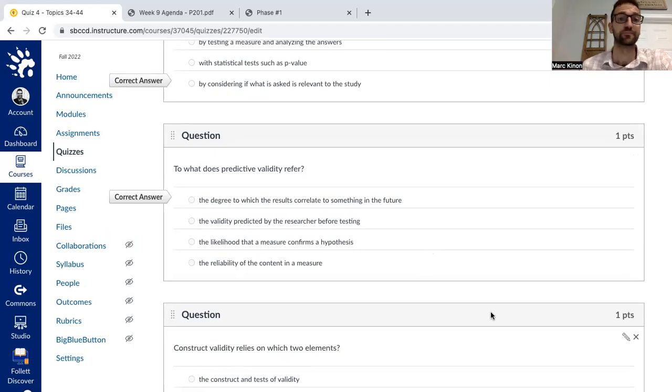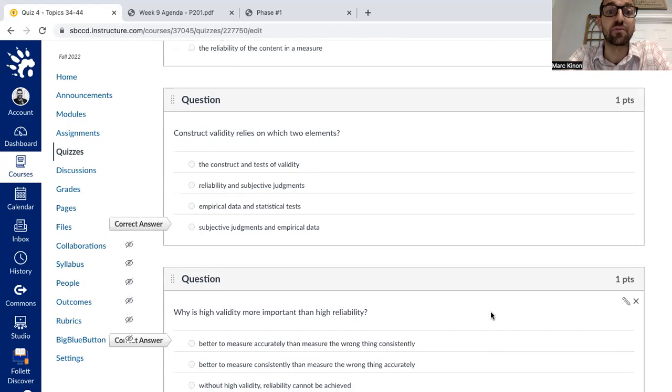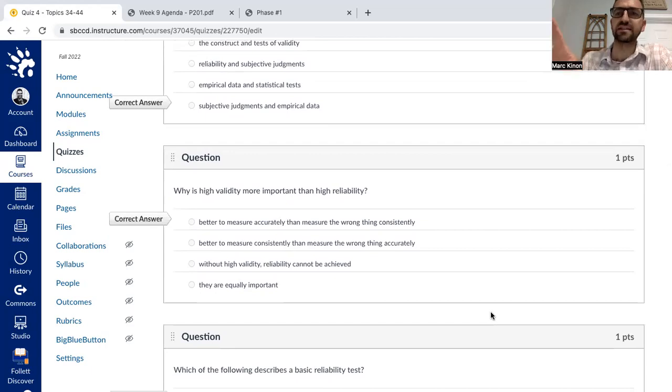Predictive. Construct validity relies on which two elements? Subjective judgments and empirical data. And again, your book talked about that, so I don't want to get into the weeds. I just want you to understand what validity is. And obviously, these are different types of validity, and your book talks about them in great detail.